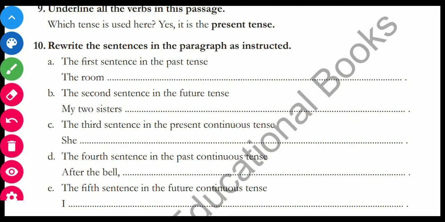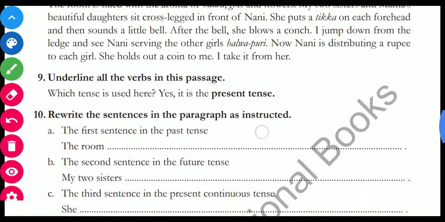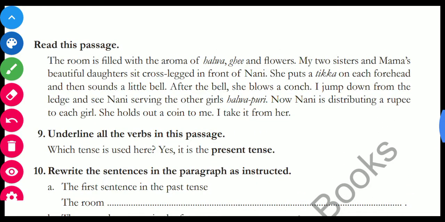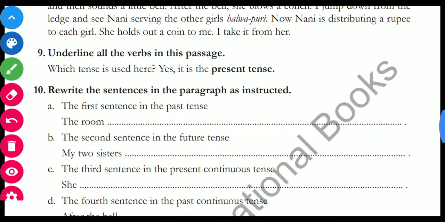Okay, जो भी सेंटेंस दिया है हमें जो भी जैसे in the first you can see the first sentence is past tense. 9th paragraph में हमारा first sentence क्या है? The room is filled with aroma of halwa, ghee and flowers. इसको हमें चेंज करना है past tense में.